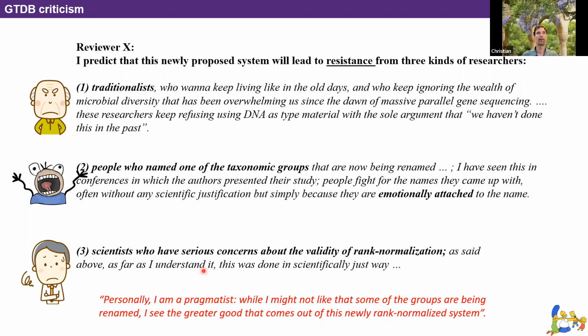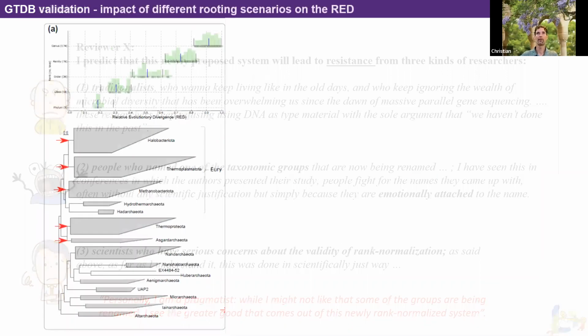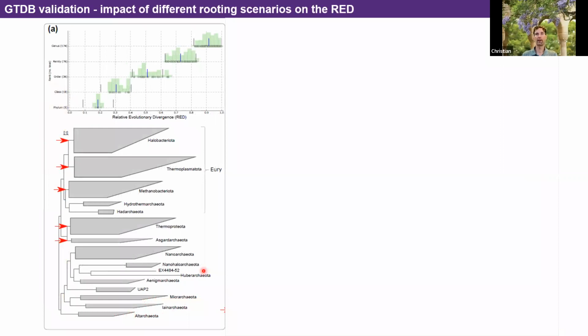And we tested that, and our argument is, yes, we can establish the ranks, because for the RED value calculation, it matters very little where the root is. So if you look at this here, that is the standard GTDB way to calculate the relative evolutionary divergence, the RED value.